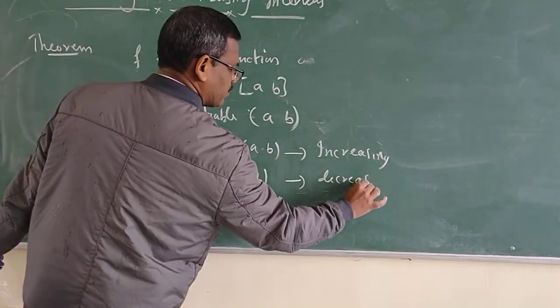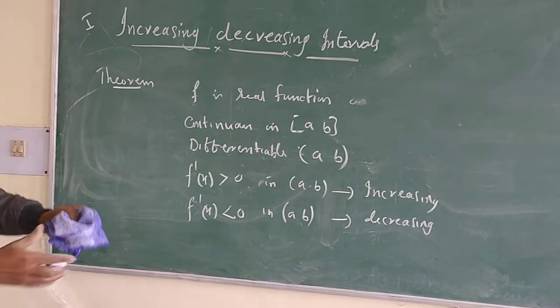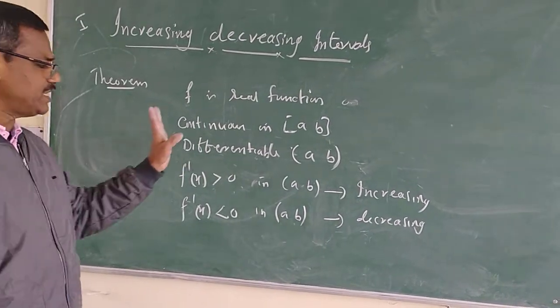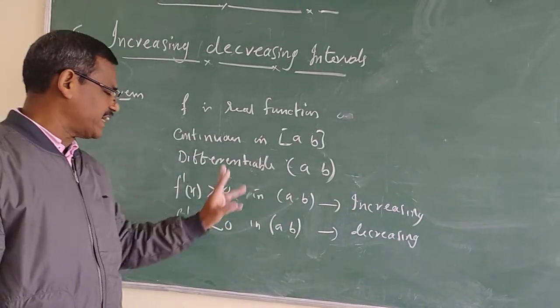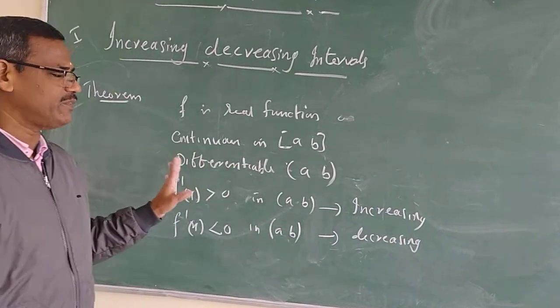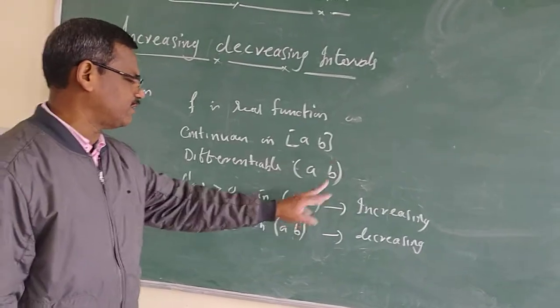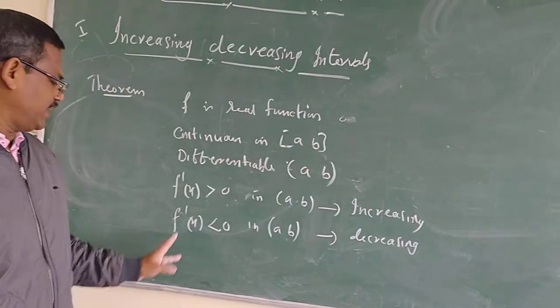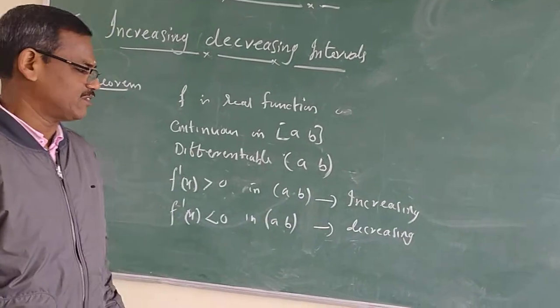So we have to find the derivative of the function and check whether the derivative is positive or negative in the open interval (a, b). If the derivative is positive in the interval, we call it an increasing interval. If the derivative is negative in the interval, we call it a decreasing interval.